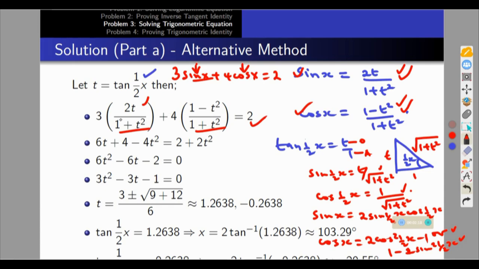So try to simplify, multiply through by the common LCM, which is 1 plus t squared. So when you multiply at each of these given points, you will be in position to remain with 3 times 2t, which is 6t. Then this and this will cancel.